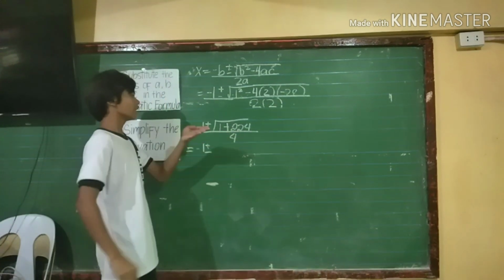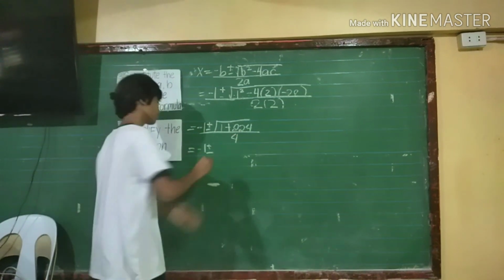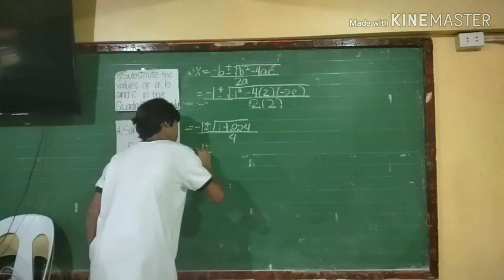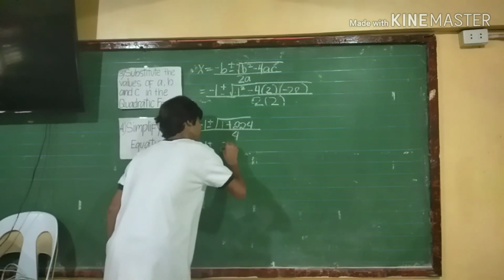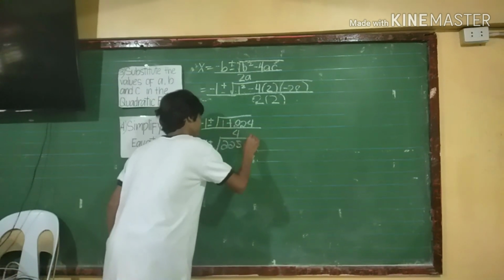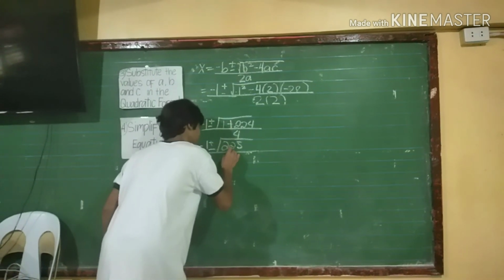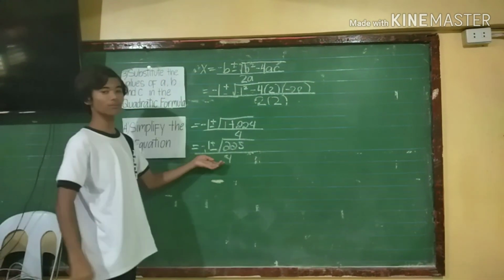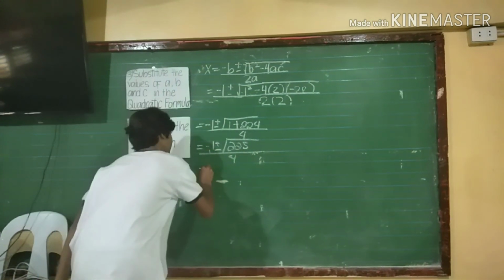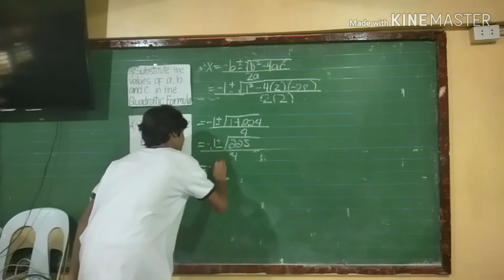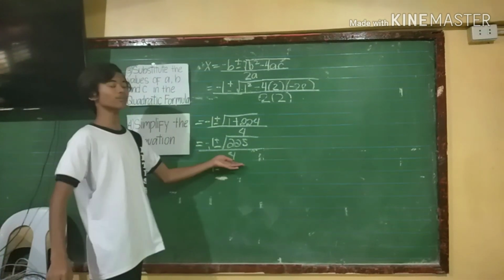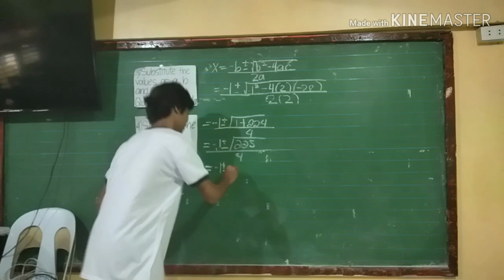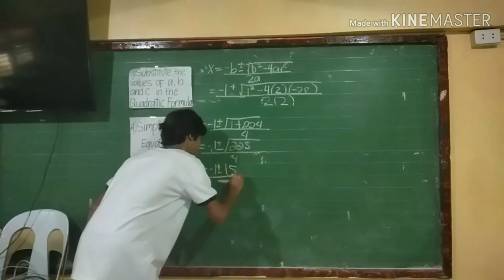Then let's add: 1 plus 224 equals 225, all over 4. So let's get the square root of 225. The square root of 225 is 15, all over 4.